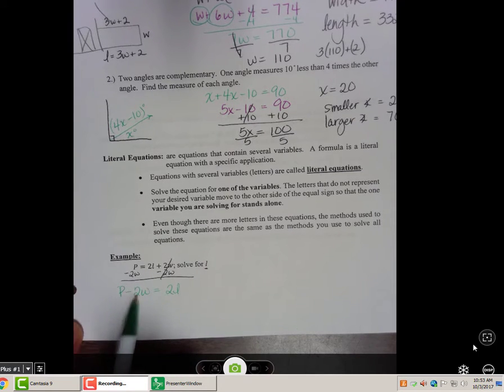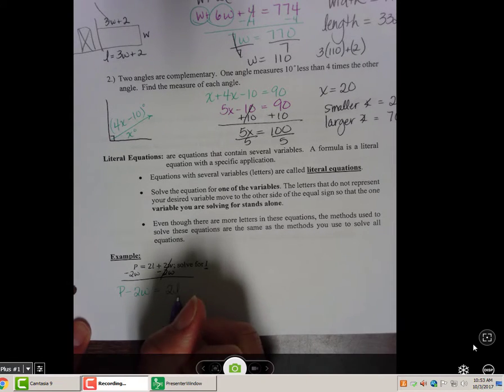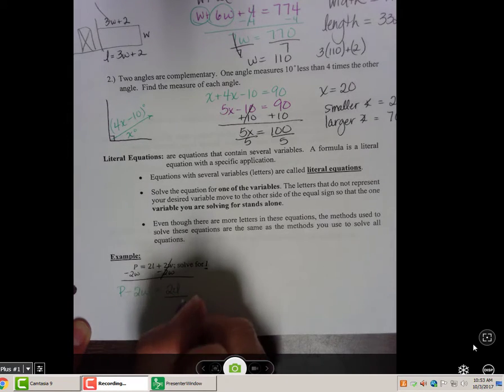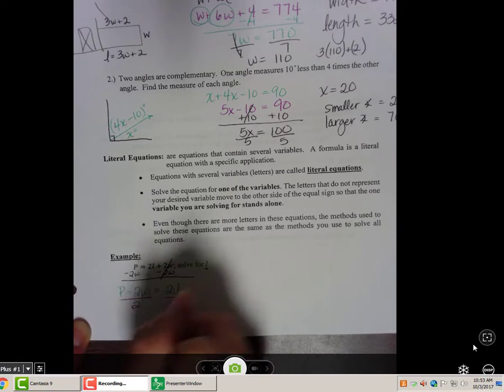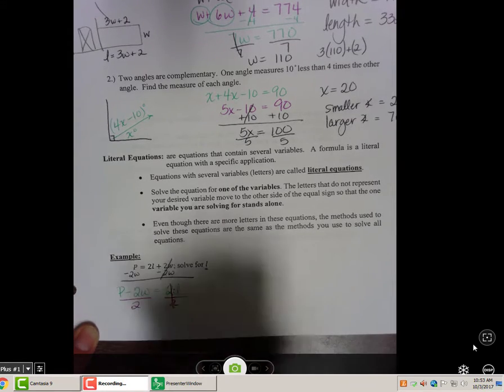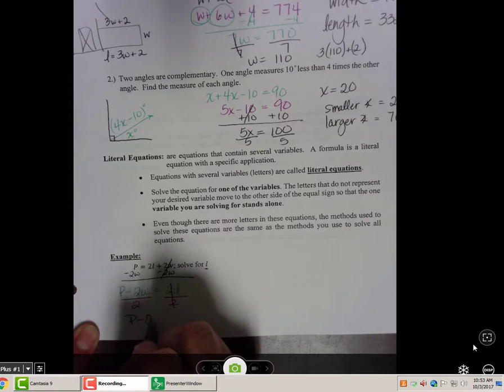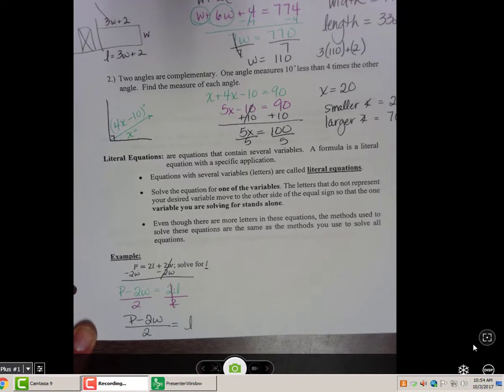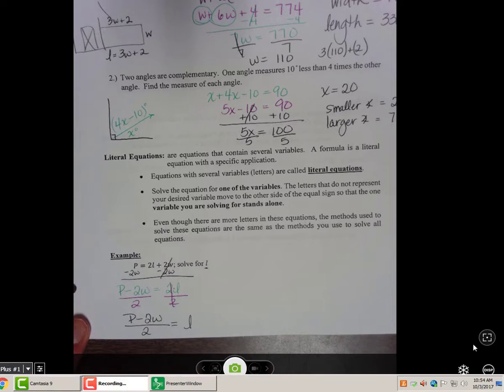P, 2W, they don't have any like terms, so we can't combine anything. And so from there, we're going to go ahead and try to get L alone. We have 2 times L, so to undo the multiplication, we will divide. And so now I have that P minus 2W divided by 2 is equal to L. And you can leave it in that form. If you wanted, you could do P over 2 minus W, but this is perfectly fine.